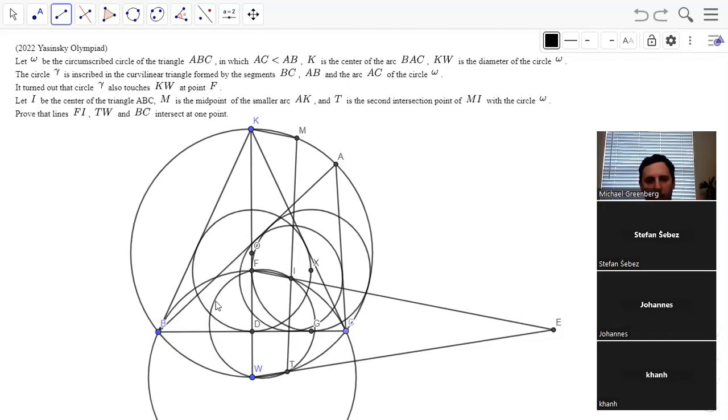Yeah, so we don't know this is cyclic, but if we show they're parallel, then that proves it.